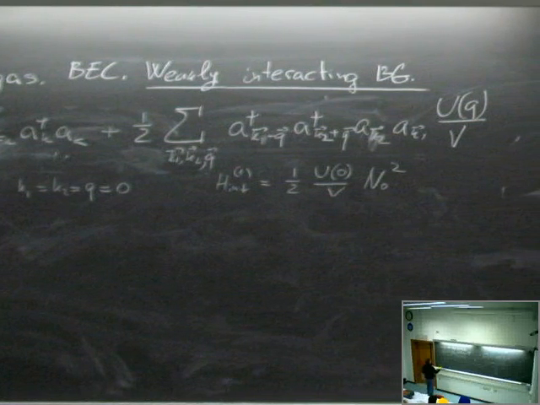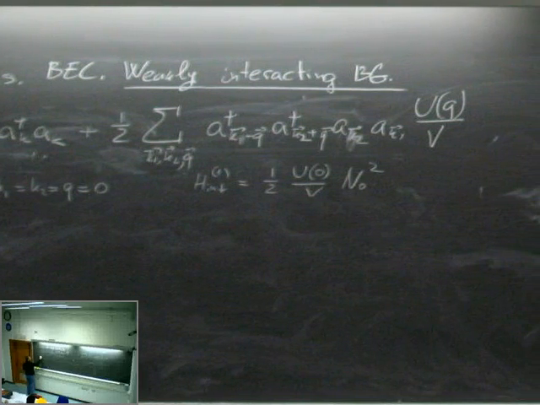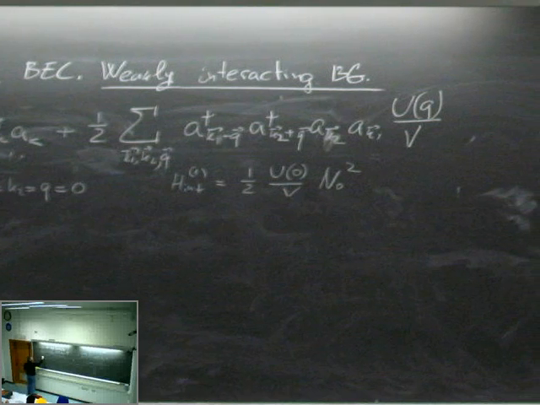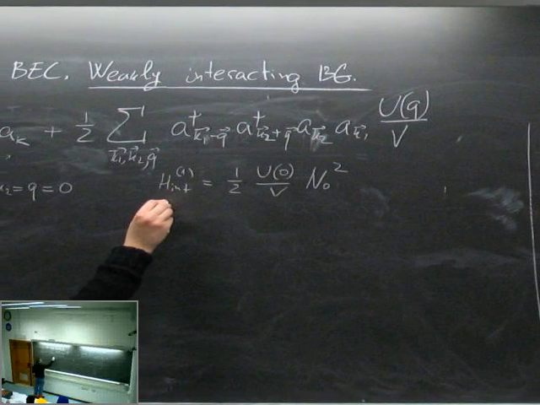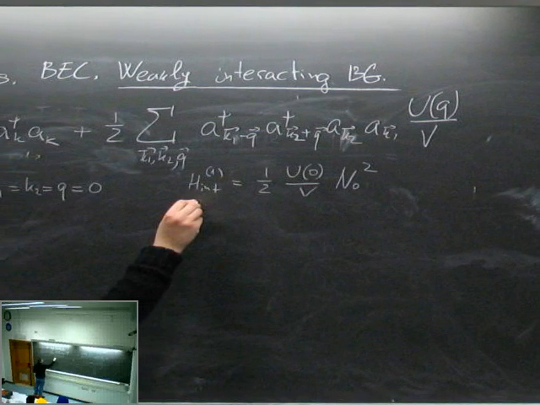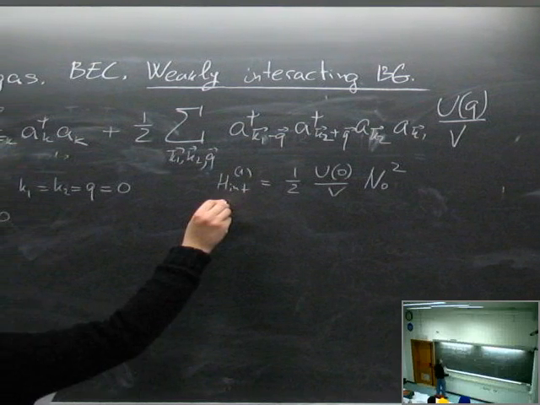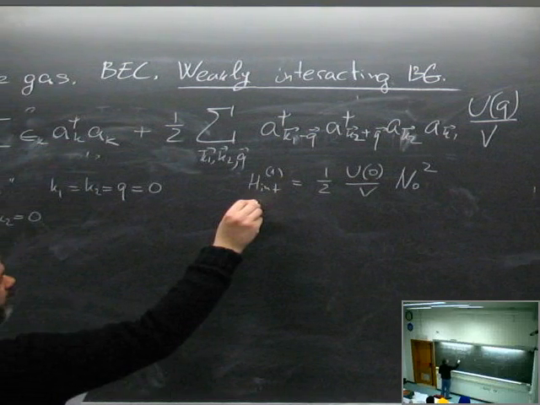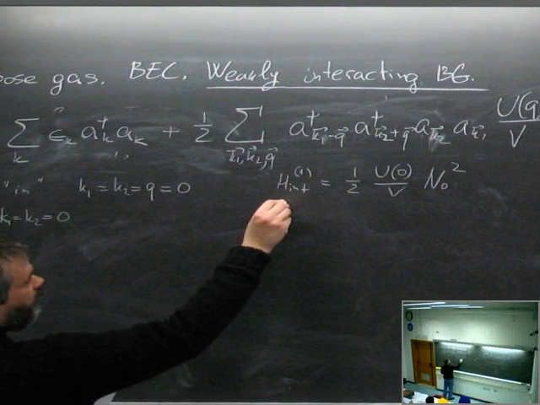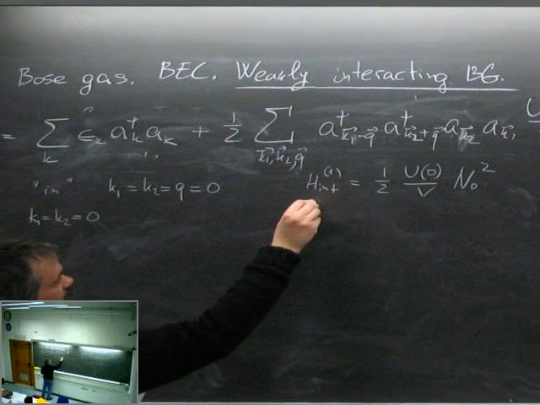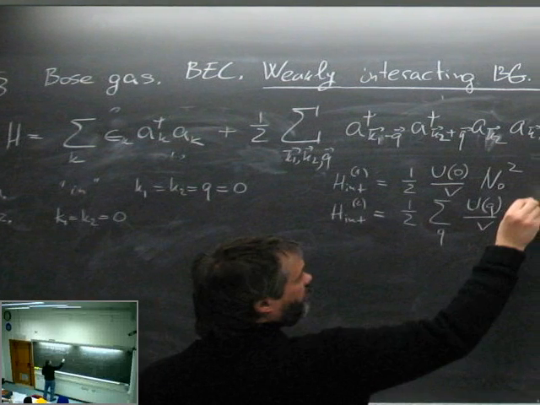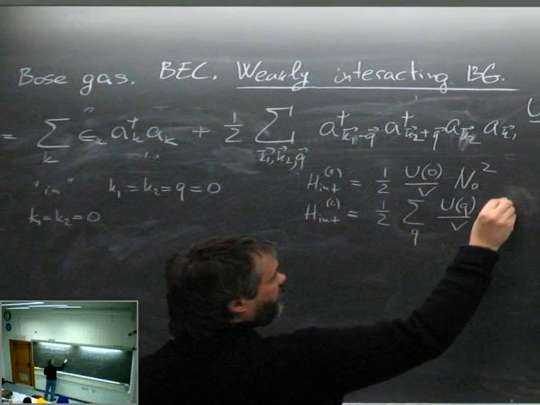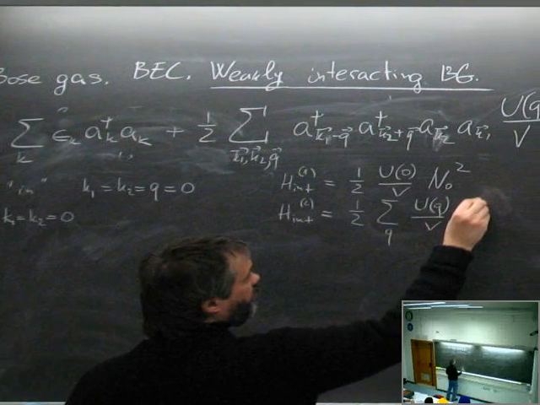For example, if K1 is equal to K2 is equal to 0, but Q is not equal to 0, then H interaction 2 is equal to 1/2 sum over Q, UQ over V, A dagger minus Q, A dagger Q.